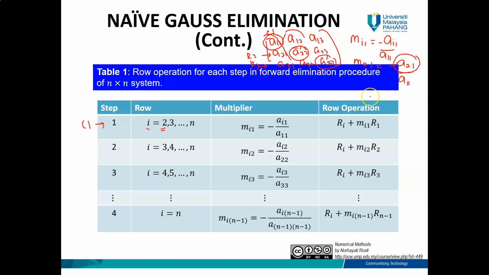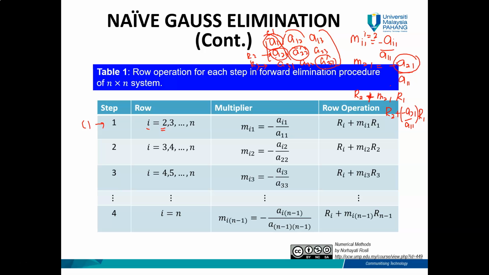If i equals 2, we have M21 equal to negative A21 divided by A11, so R2 plus M21 R1, where M21 is negative A21 over A11. This becomes the formula when we want to reduce A21 to 0.